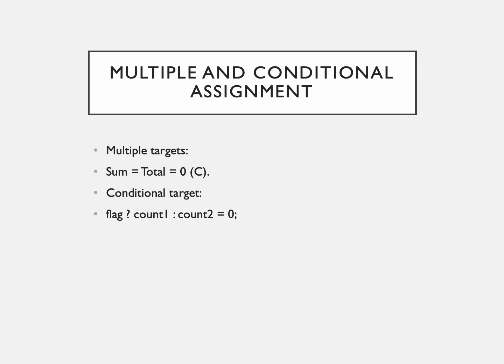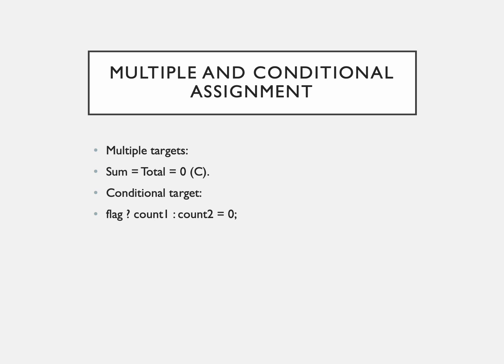Like in C, you can write sum equal to total equal to 0. That means the expression on the right, 0, is evaluated first, then it's assigned to total. The result of that assignment, which is still 0, is then assigned to sum. This is often used for initializing multiple variables with the same value at once.